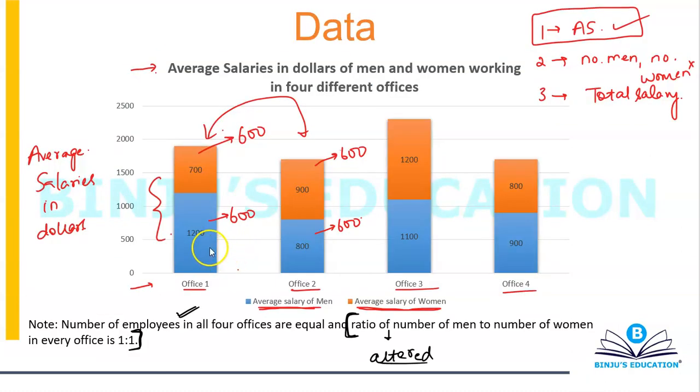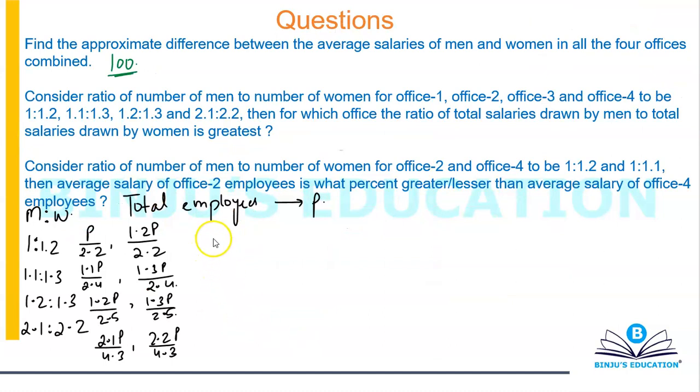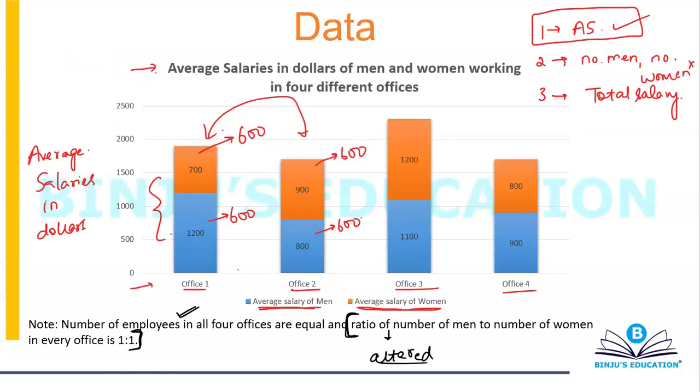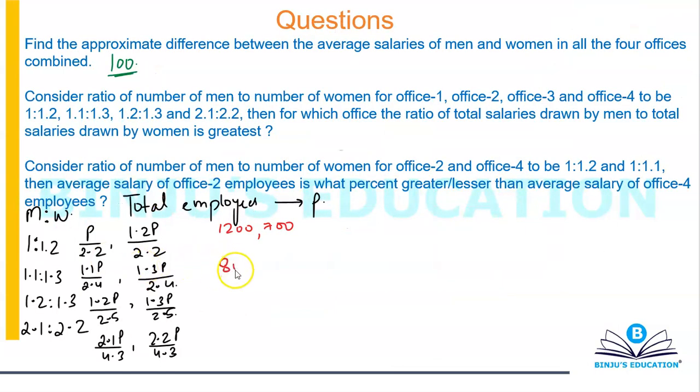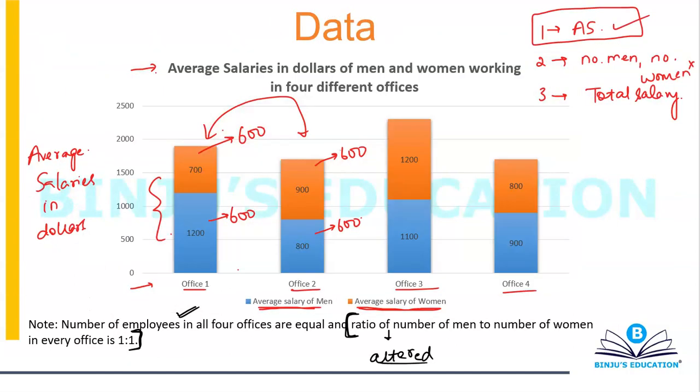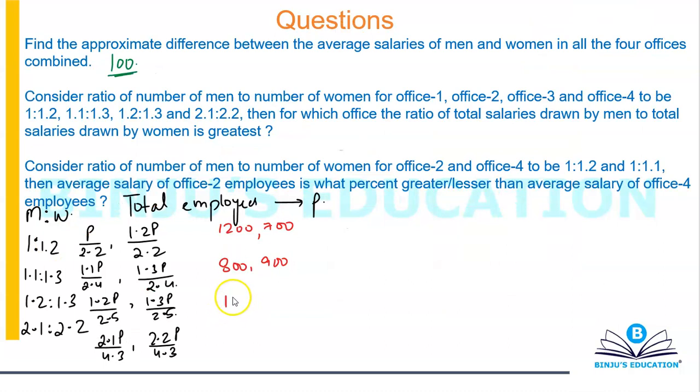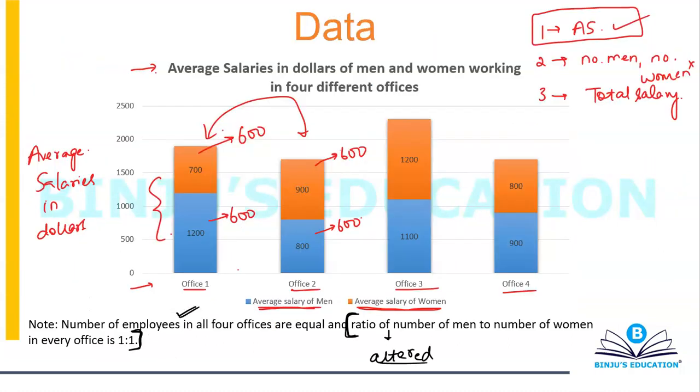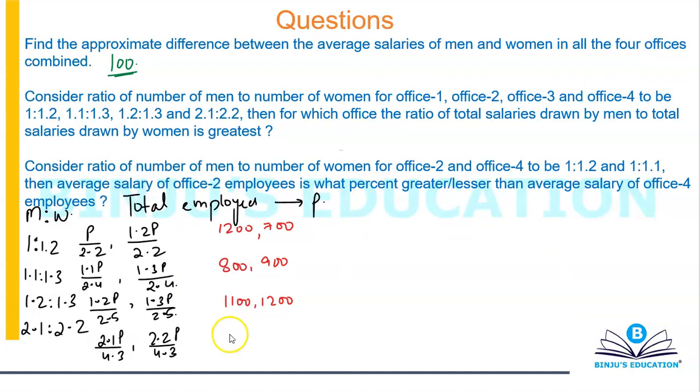So it's 1200, 700, 800, 900, 1100, 1200, 900, 800. All right. So let's calculate the ratio now.